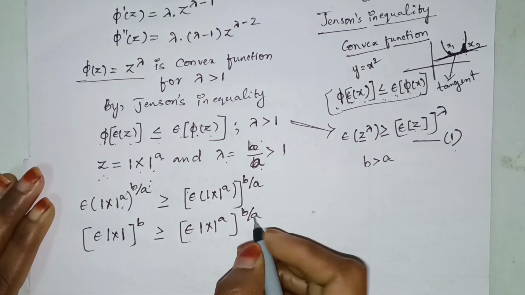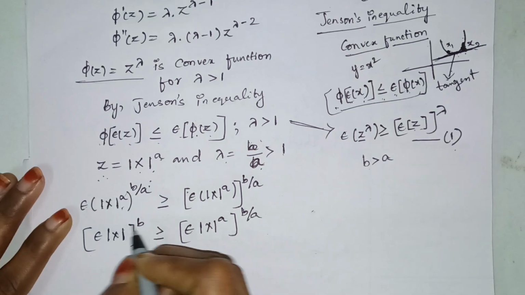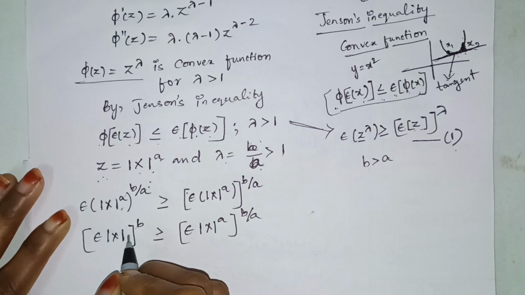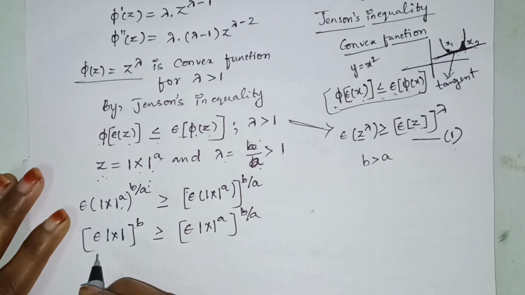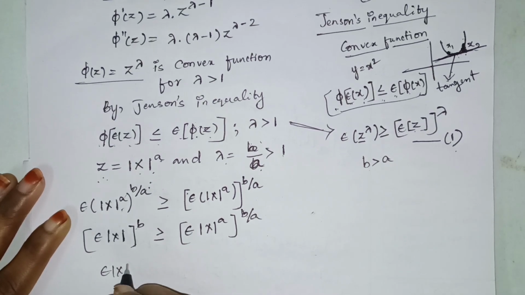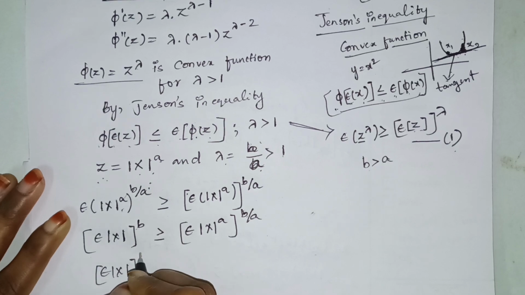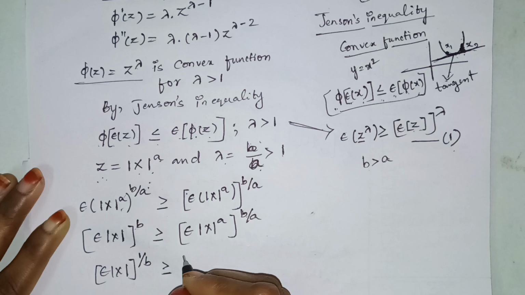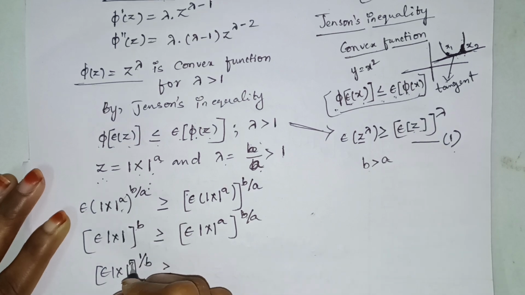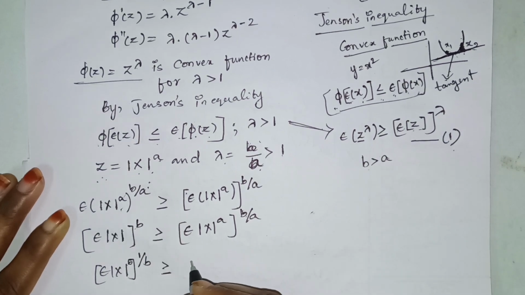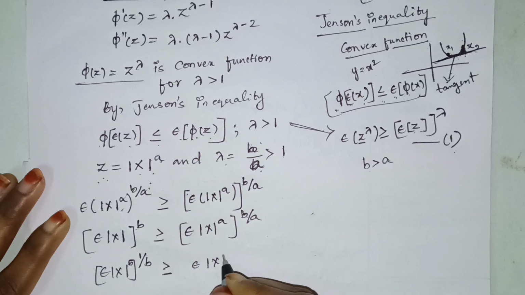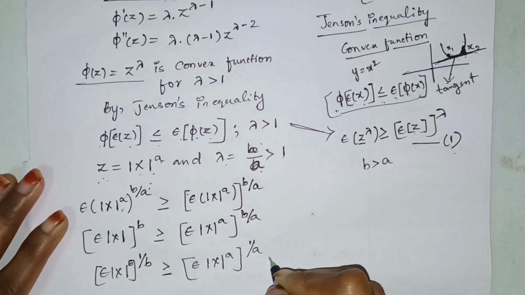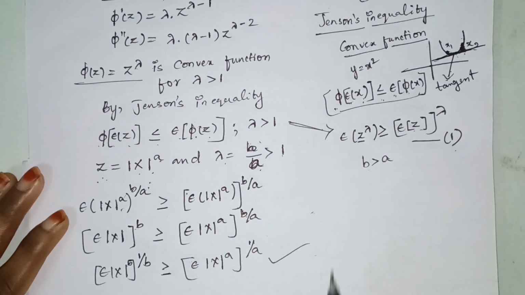Then if you send this b to this side, it is in the numerator, so if you send it to this side, it will become the denominator. So expectation of mod x to the power of b, whole to the power of 1 by b, is greater than or equals to expectation of mod x to the power of a whole to the power of 1 by a. This is what we need to prove. Hence proved.